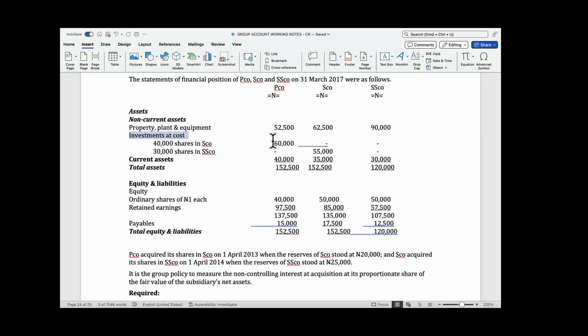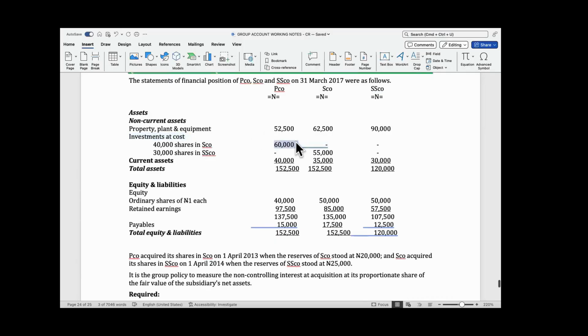You will see here that in the books of the parent, he has invested 60,000 in ESCO. And also, in the books of the subsidiary, he has invested 55,000 in SSCO.